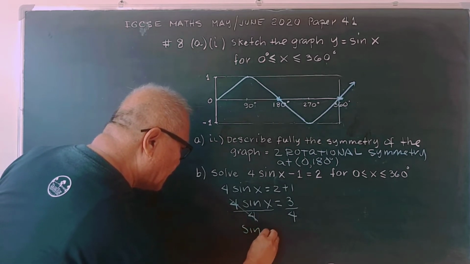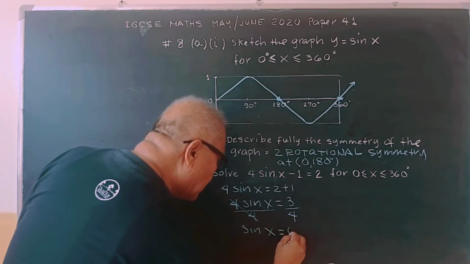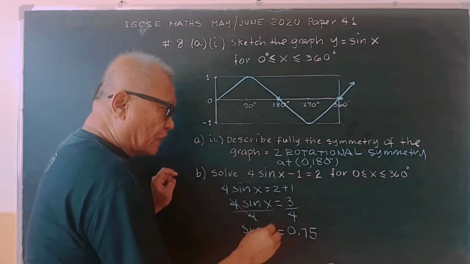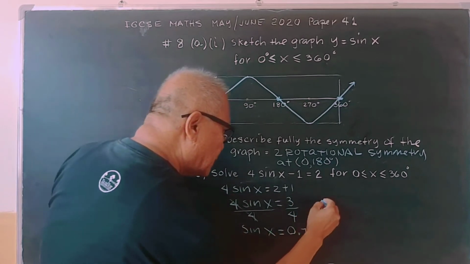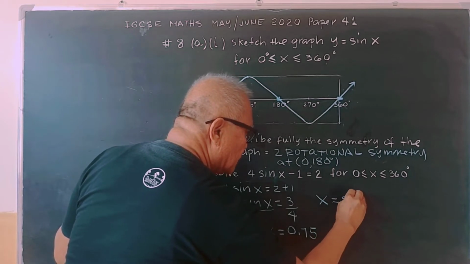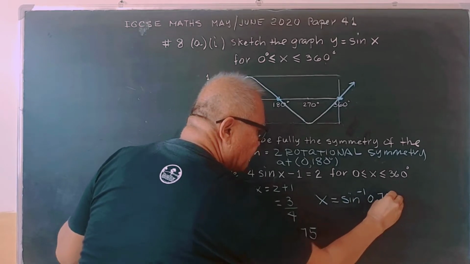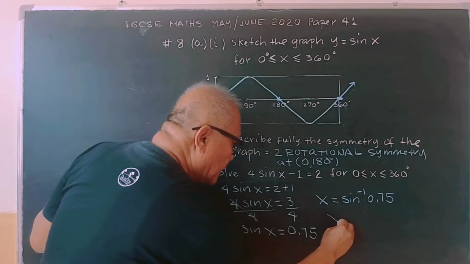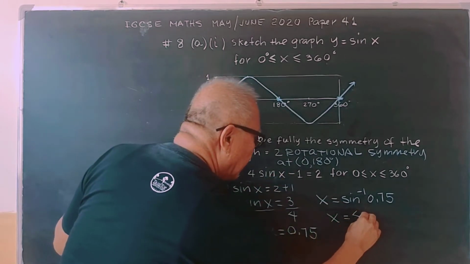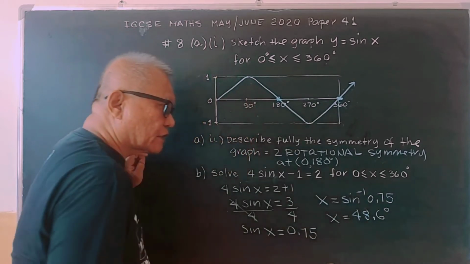We have sine x is equal to 3 divided by 4 is 0.75. Now, get x. X now is equal to arc sine or sine negative 1 of 0.75, and x is equal to 48.6 degrees.